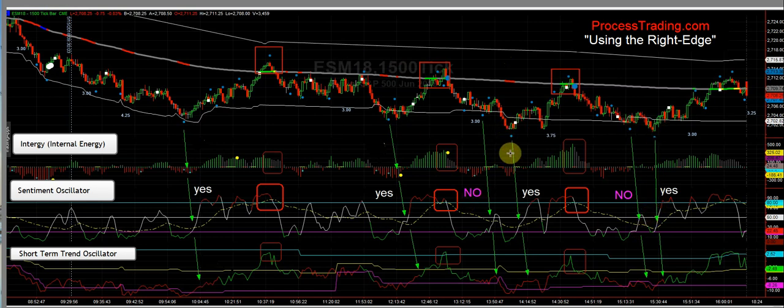But the main thing is you have to coordinate the timing alert dot with the sentiment oscillator. Also look at the short-term trend oscillator, and as well the energy, the internal energy. But of the three, the primary one is you must have this cross to take your contrarian trade.